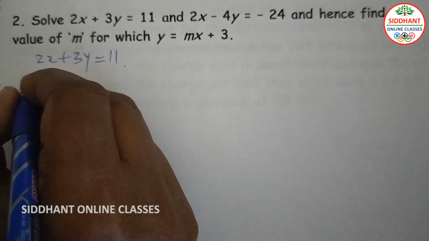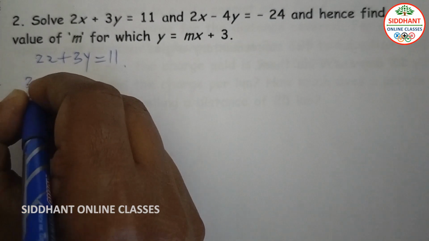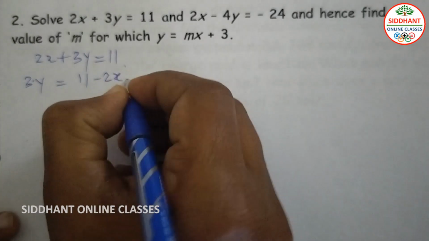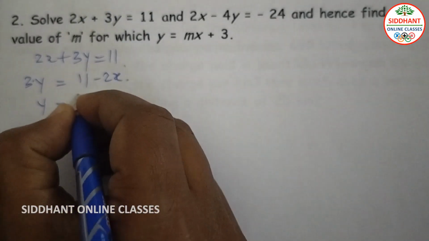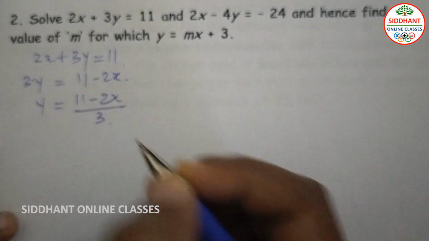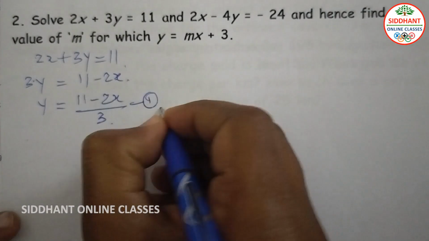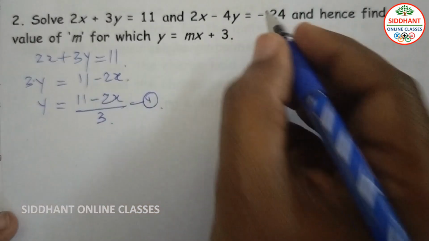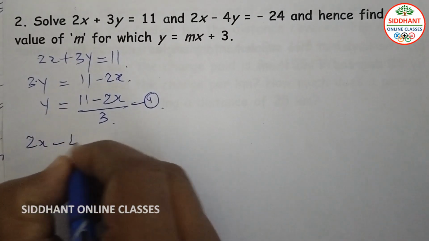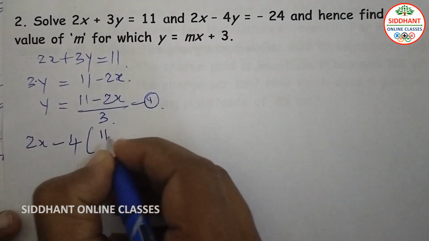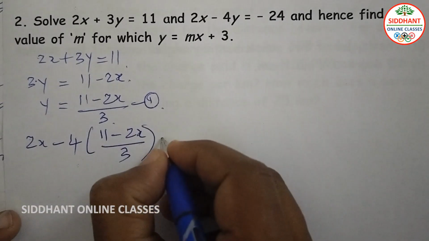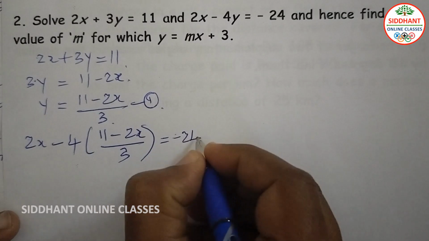So now 3y equal to 11 minus 2x and y equal to 11 minus 2x by 3 here. So let it be 1. Substituting 1 in equation 2 here. So we get 2x minus 4 into 11 minus 2x by 3 equal to minus 24 here.